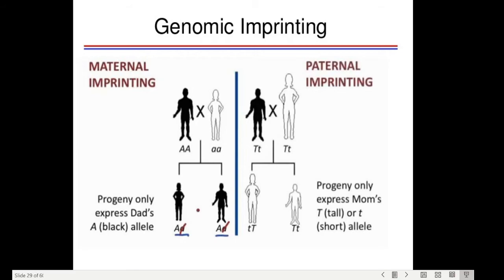But the male has the similar color of the mother and similar size of the father. So in this parental imprinting, the male has the color of the mother and the size of the father. So it's called parental imprinting.